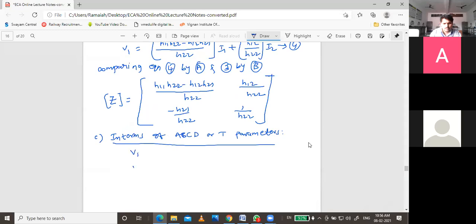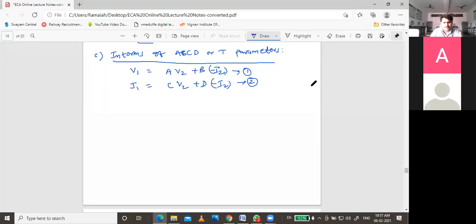Port 1 voltage and port 1 current are functions of port 2 voltage and port 2 current, so V2 and minus I2. So V1 equal to A V2 minus B I2, I1 equal to C V2 minus D I2. So equation number 1, equation number 2.